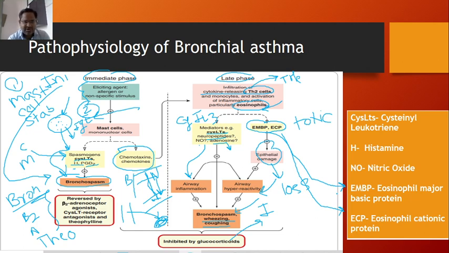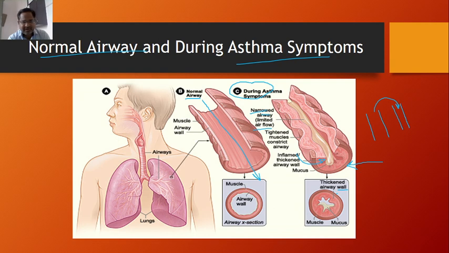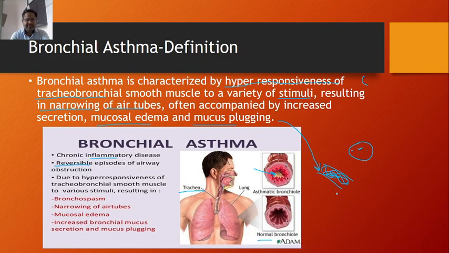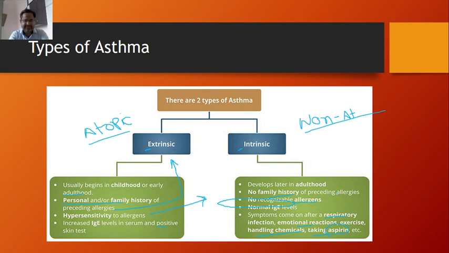So this is all about the first part of bronchial asthma. Bronchial asthma is a respiratory disorder, and you have to remember its definition, what happens during a normal and an asthmatic attack, and the types of asthma: extrinsic and intrinsic, also called atopic and non-atopic asthma.